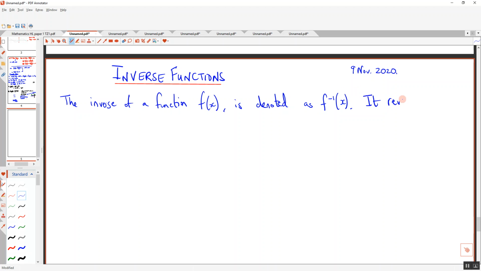It reverses the action of that function. So, for instance, if I've got a composite function of a function and then doing the inverse of that function, what am I going to get out?